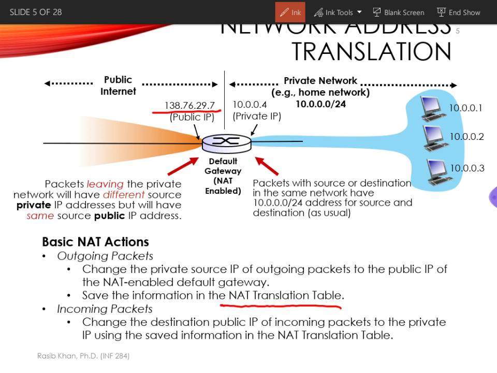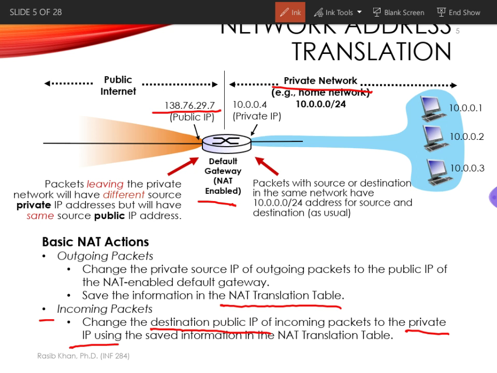to the public IP. Next, at a later time, for any incoming packets which are, for example, a response from the internet, the default gateway, which is NAT enabled, will change the destination public IP of the incoming packets into the private IP of the private network host.